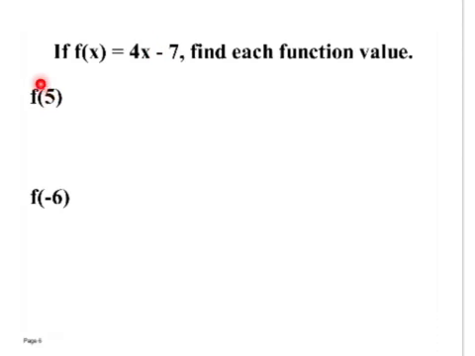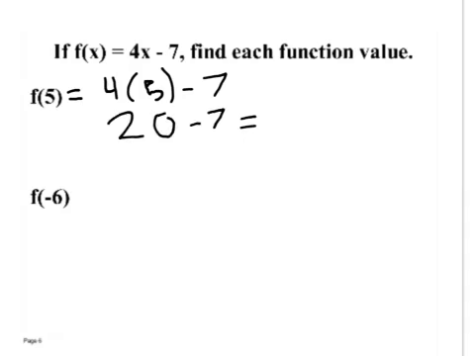When they write f of 5, all they want is for you to replace x with 5. See how 5 is taking the place of x here? So all I do is plug in 5 for x. 4 times 5 is 20. 20 minus 7 is 13. So f of 5 is 13.